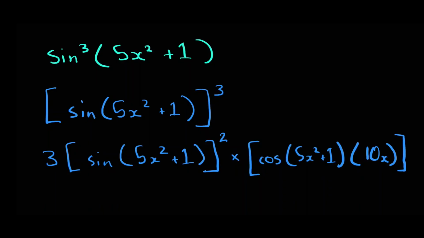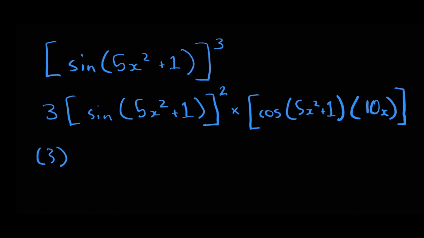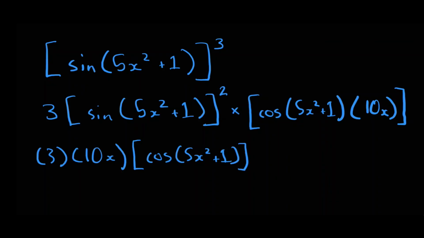And now we can just try to simplify. So let's bring that 10x out the front and make it 3 times 10x times cosine of 5x squared plus 1 times sine of 5x squared plus 1 all squared.